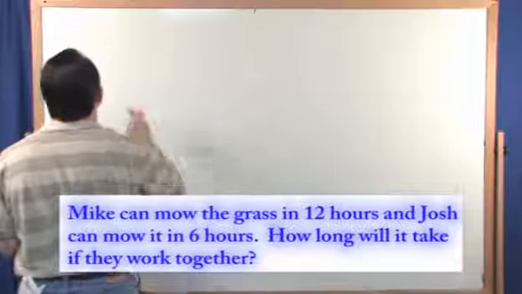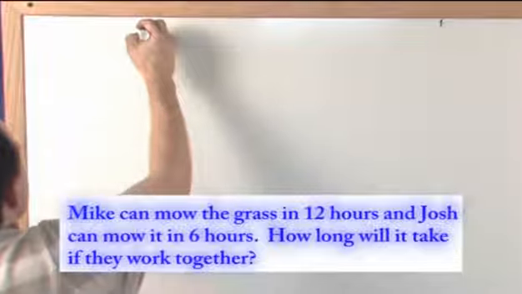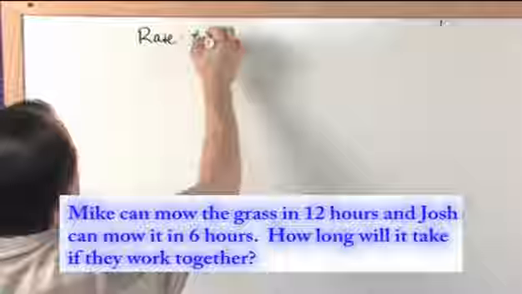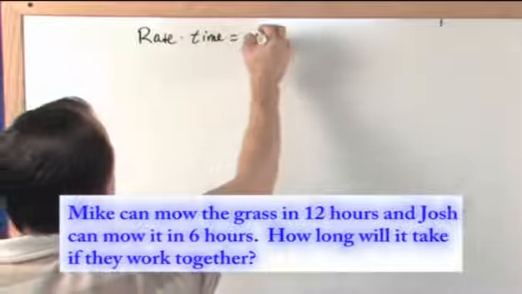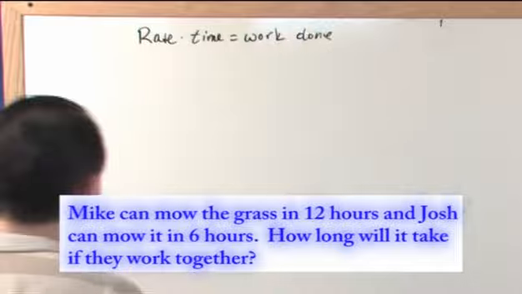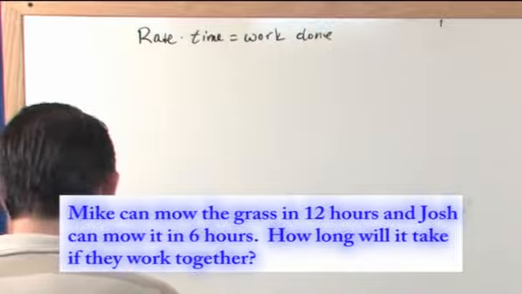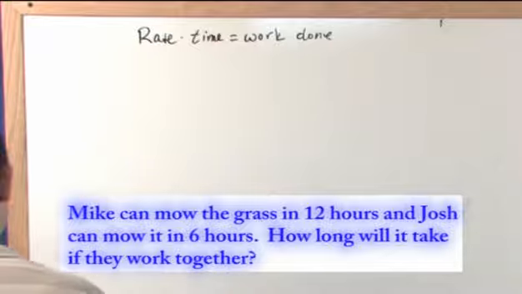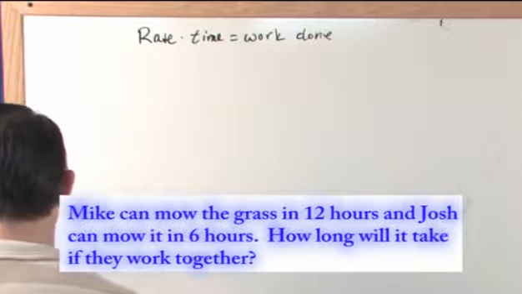So don't forget from what we talked about before, the rate times the time is equal to the work done. In this case, the work done is mowing grass, so we want to write an equation in terms of work. Let's talk about Mike first. He can mow a grass in 12 hours.